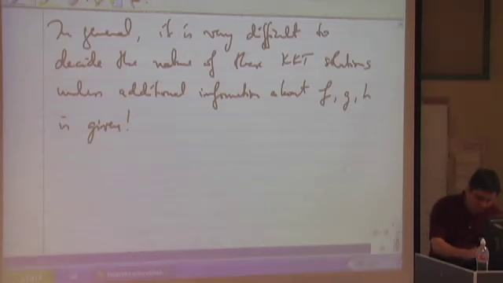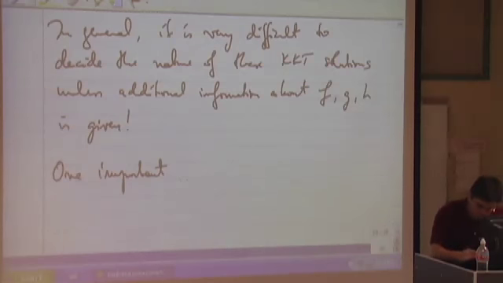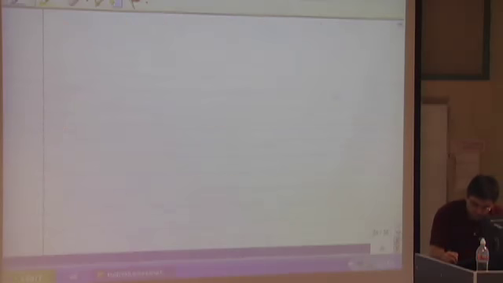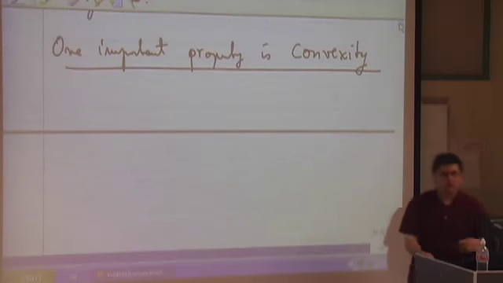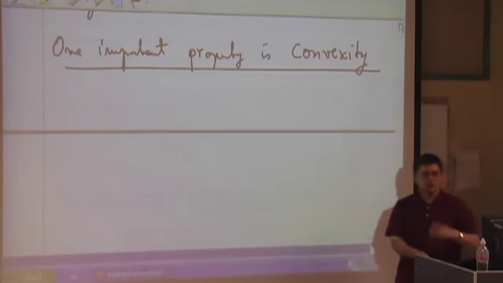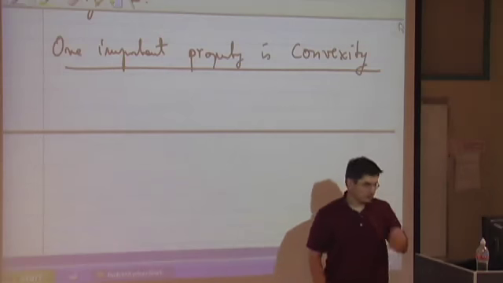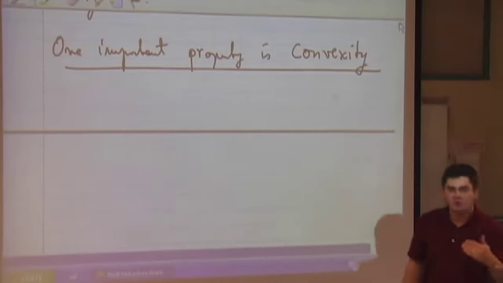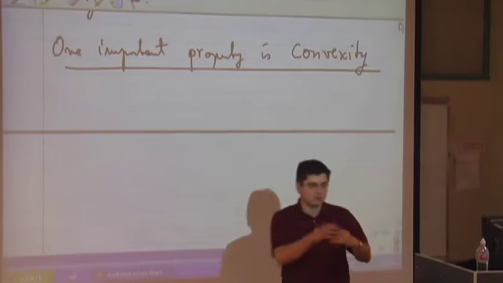Okay. So one very important property is convexity. You will hear about convex optimization and non-convex optimization. Going from one to the other is like going from linear to nonlinear.